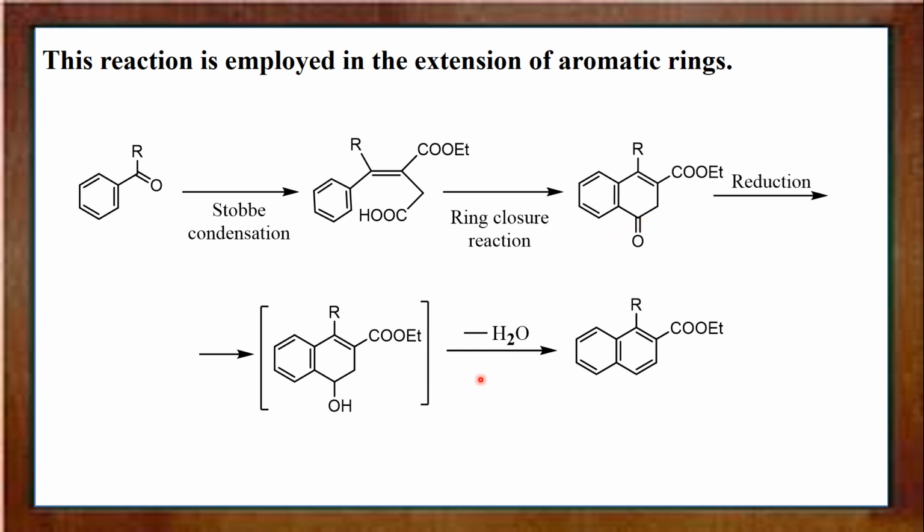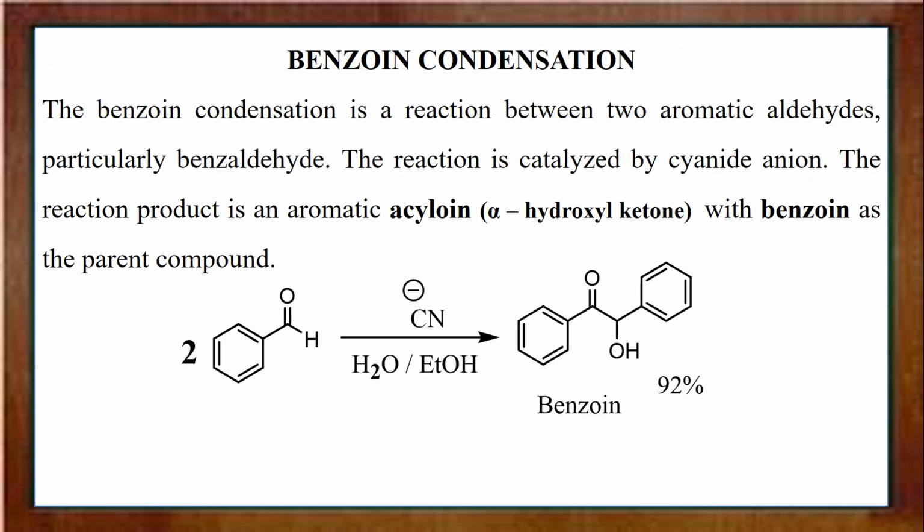So this is sodium borohydride reduction or hydride reduction of carbonyl group to alcohol. This on dehydration generates a new double bond here. Therefore, we have generated a new aromatic ring. Therefore, Stobbe condensation can be used for the extension of aromatic rings in aromatic ketones.